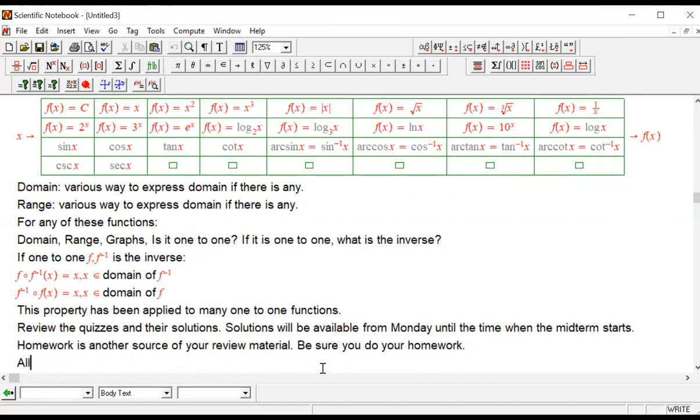All the questions on the exam are going to be about lectures, quizzes, and homework.